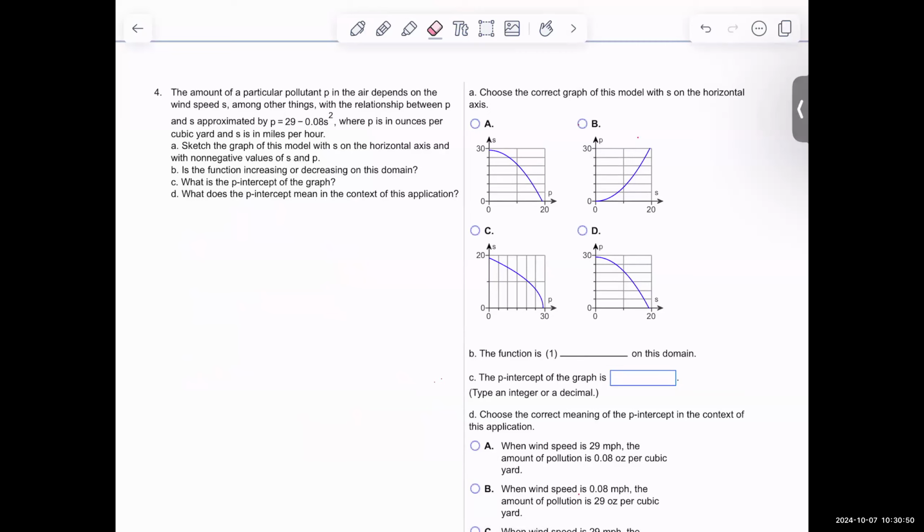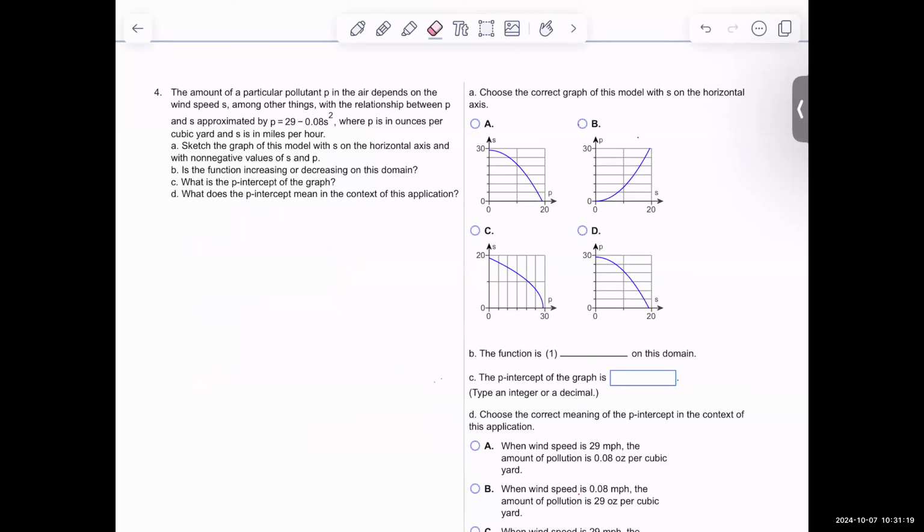The relationship between P, which is the amount of the particular pollution, and S, the wind speed, is given by P as 29 minus 0.08 S squared, where P is in ounces per cubic yard and S is in miles per hour. Sketch the graph of this model with S on the horizontal axis and with non-negative values of S and P.